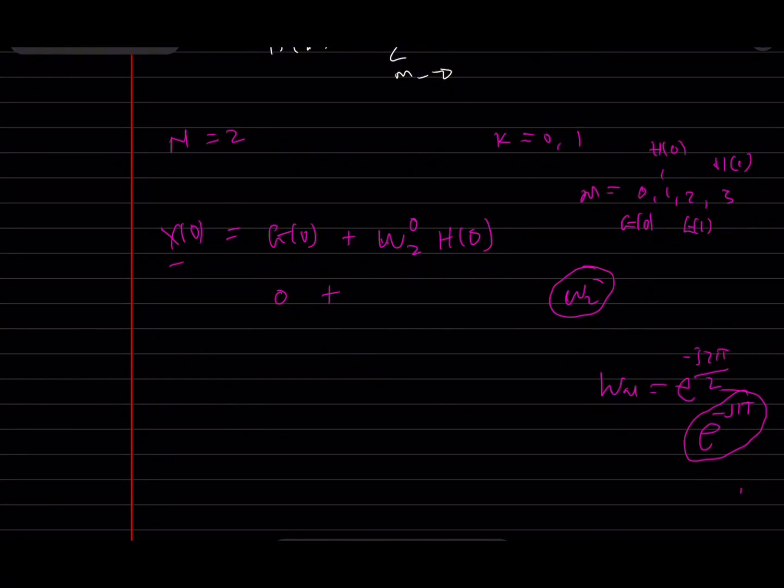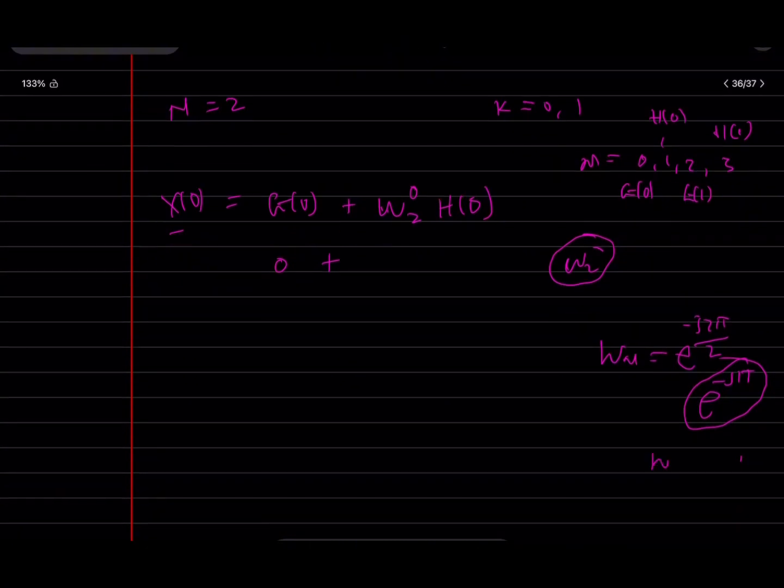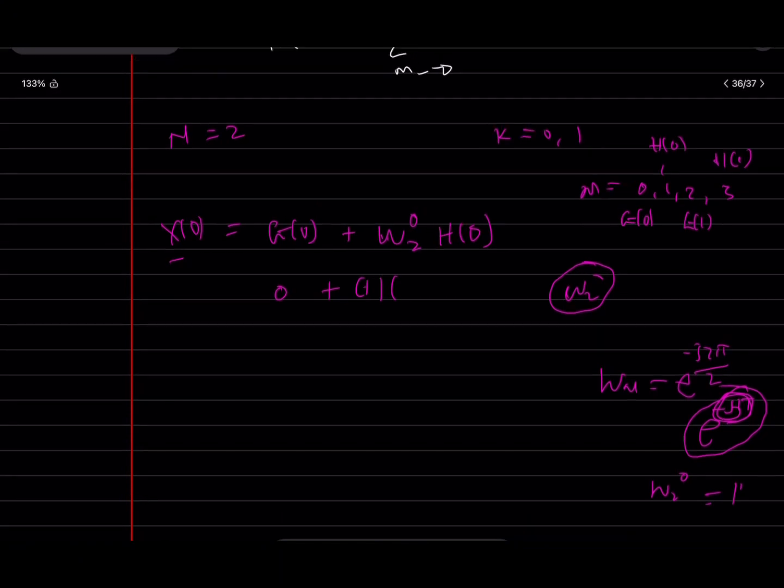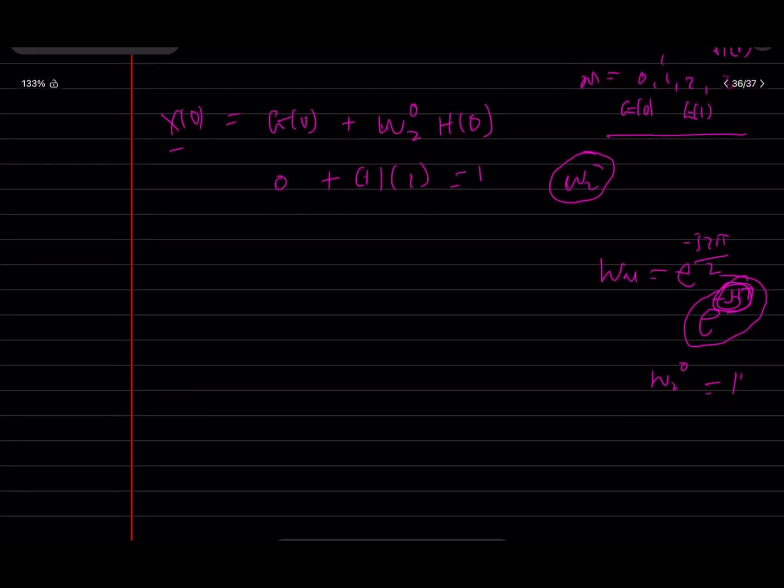That is very important here. When you get omega 2 to the power 0, because k is 0, everything here goes to 0, and we are going to get 1. So we get G of 0 plus 1 multiplied by H of 0. But that's not our focus for now.